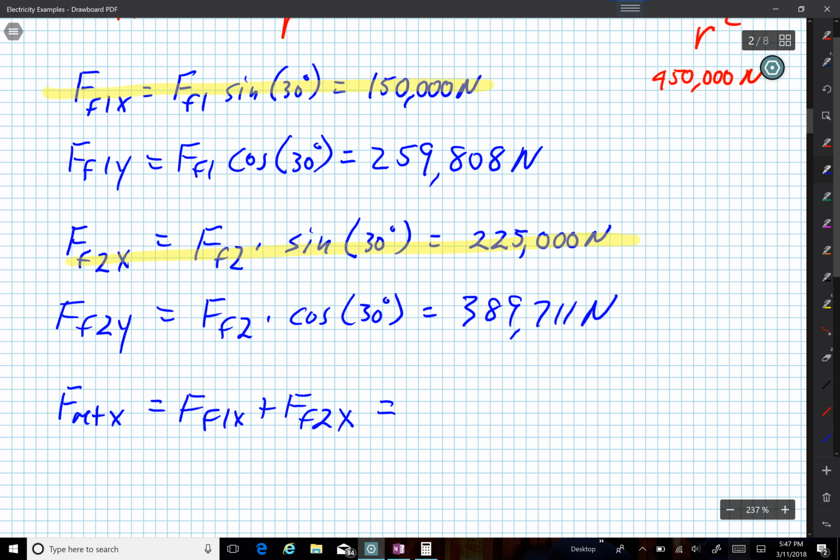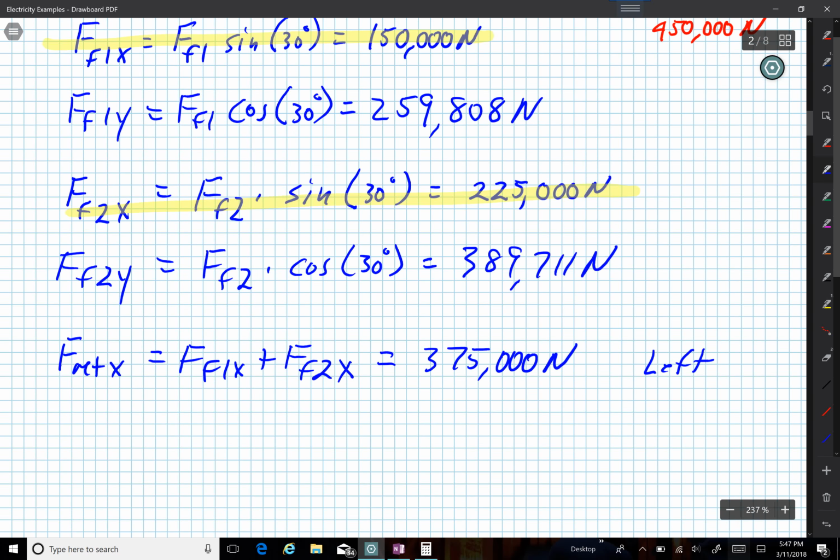And that's going to be 375,000 newtons, and that's going to be left. Okay, 375,000 newtons to the left.